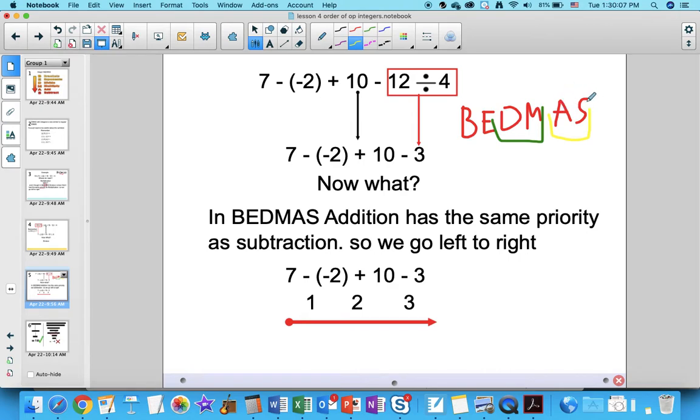A and S, addition and subtraction can be used any which way. So for me, I can go left to right. Now, it doesn't matter. You could have just started here. You could have just started here. But I'm going to go left to right. Okay? So I'm going to go 7 minus negative 2 plus 10 minus 3.